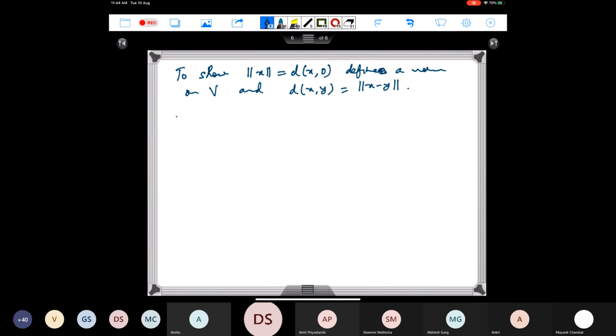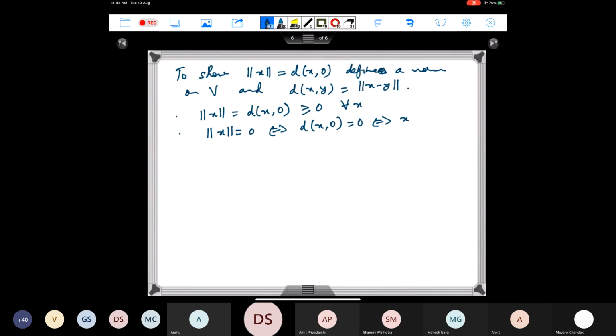So first thing is that norm of x is equal to d(x,0), because distance is always non-negative. This is greater than or equal to 0 for all x. Also, norm of x is equal to 0 is equivalent to d(x,0) being 0, and distance between any two points x and y is 0 if and only if x is equal to y.